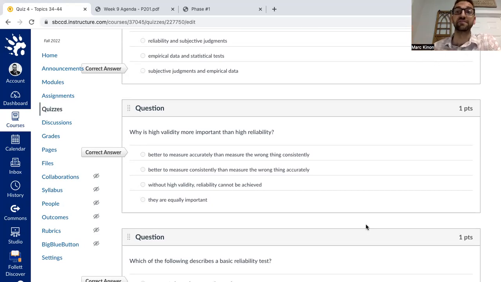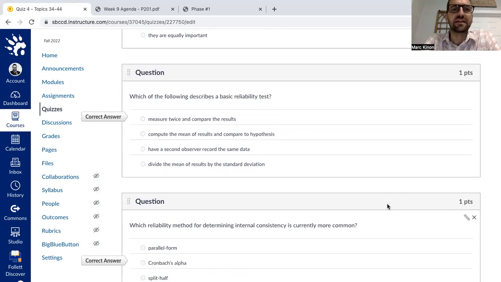So then my self-esteem might fluctuate. So high reliability would be you get the same score every time. Lower reliability would mean you take it multiple times and get different scores. But what's really key is that validity component. Is it actually measuring what we think it's measuring?